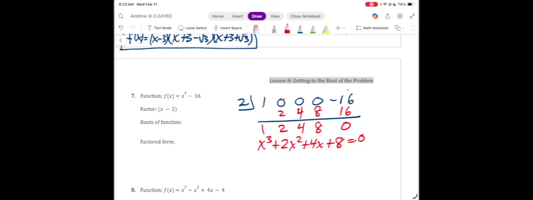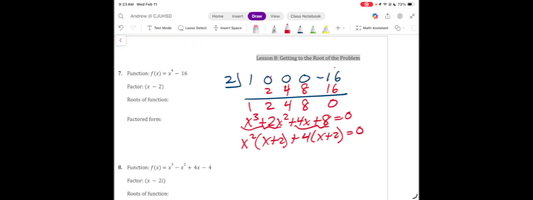However, do you notice we can do factor by grouping here? Take these 2 at a time. So x squared is the common factor, giving us x plus 2. And 4 is the common factor, giving us x plus 2. Now x plus 2 is a common factor, and that gives us x squared plus 4 equals 0.